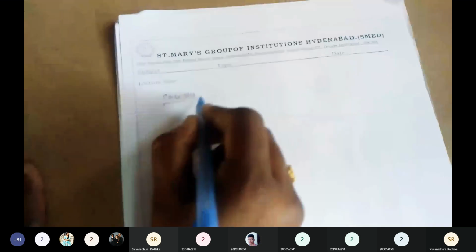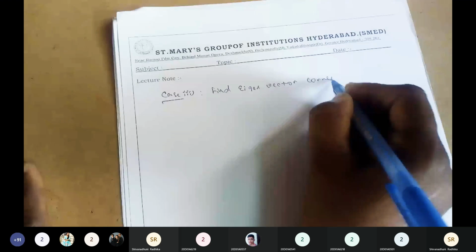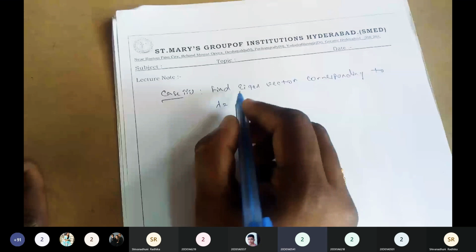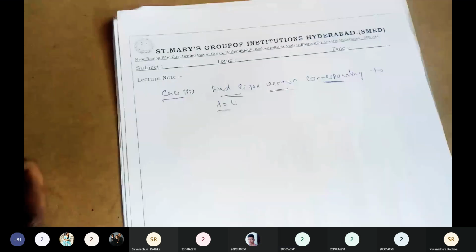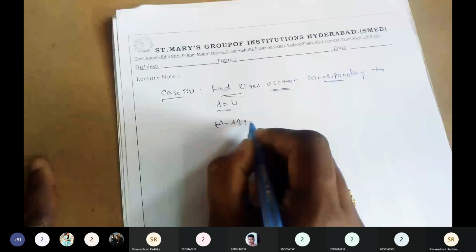So the third case: find the eigenvector. The last eigenvalue is what? Corresponding to lambda equals 4. Then the characteristic equation is A minus lambda I into x equals 0.